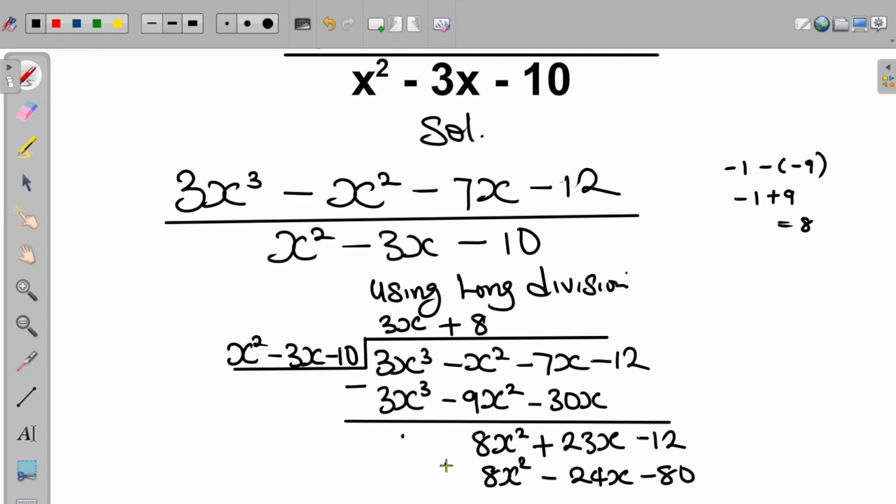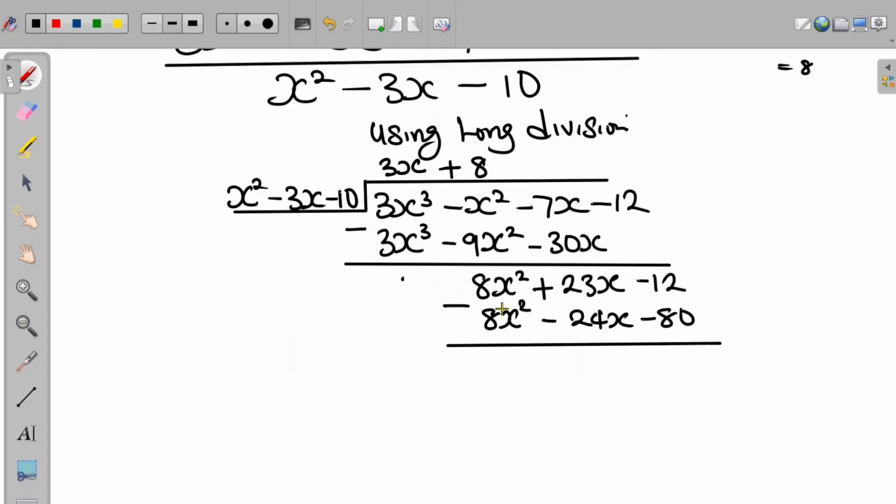Again, we have to subtract. So 8x^2 - 8x^2 is 0. 23x - (-24x) is 47x. -12 - (-80) is +68.